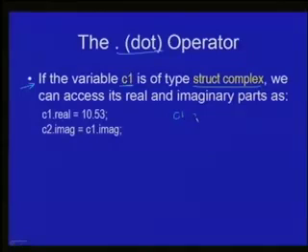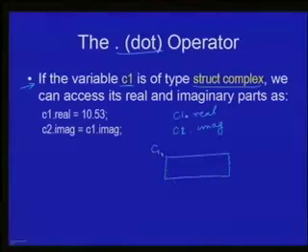Essentially C1.real will denote the real part of the structure C1, and C1.image will denote the imaginary part of the structure. So C1 is a variable which comprises two boxes, and the names of these boxes you could think of as being C1.real and C1.image.